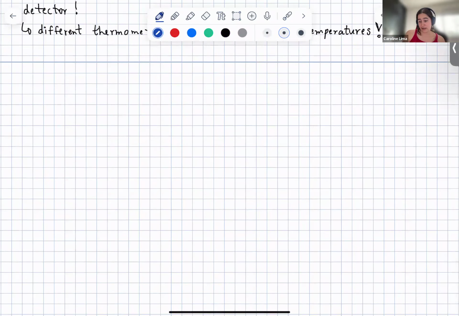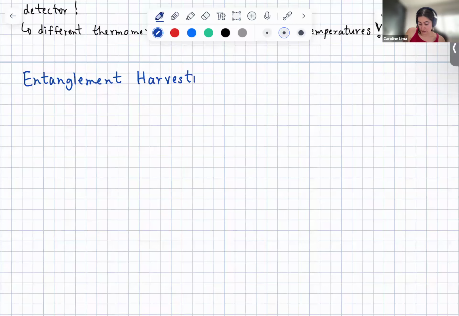So the next topic and last topic of this course is going to be the entanglement harvesting protocol.